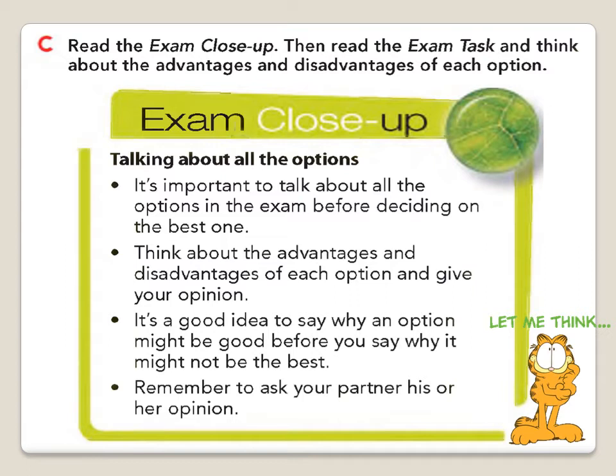Meaning to say, altogether, you will have 4 times 7, it's 28 options. Sorry, 28 opinions. Okay? Now, the next step, it's a good idea to say why an option might be good before you say why it might not be the best.